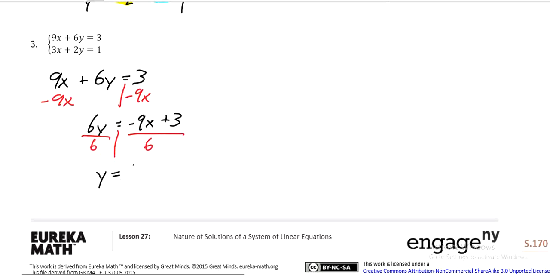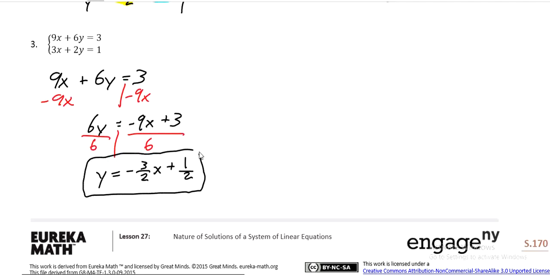And we'll get y equals negative 9x over 6, that's going to go to negative 3/2 x, plus 3 divided by 6 will give you 1/2. So there's one of our equations.